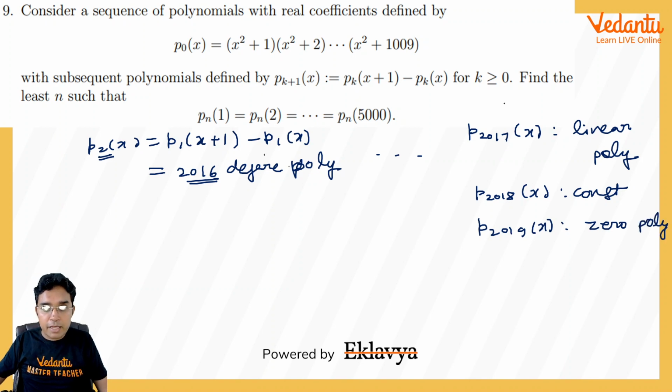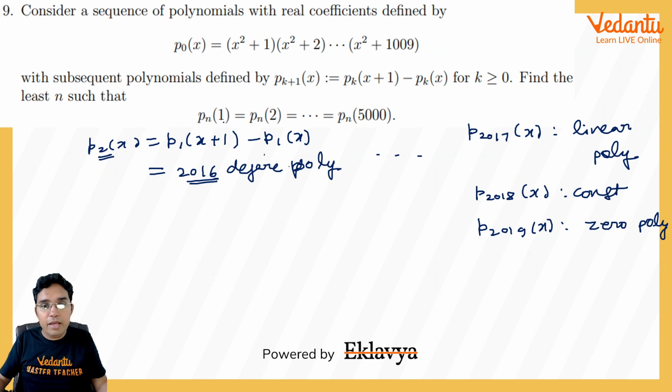Now the next part of this question says: find the least value of n such that pn 1, pn 2 and so on, pn 5000, they all are equal. Now dear all, if pn takes the same value at 1, 2, 3 and so on till 5000, it has to have either at least a degree of 5000 or it has to be a constant polynomial.